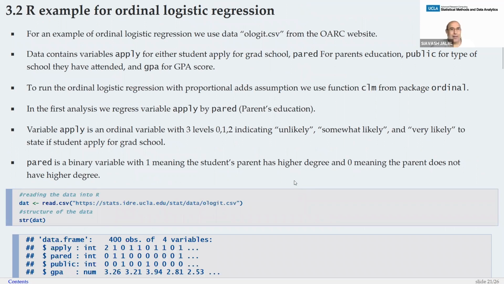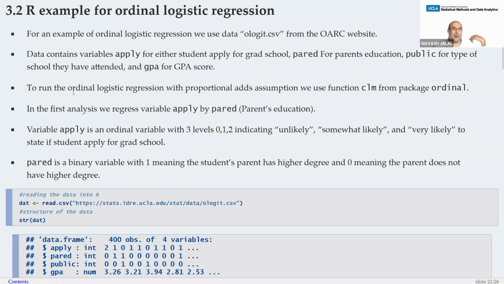In R, in this example, I'm going to run using this logit data from our website, which is data on whether or not people apply for grad school, given their parent education, whether they attended public or private school in their undergrad, and what their GPA is.